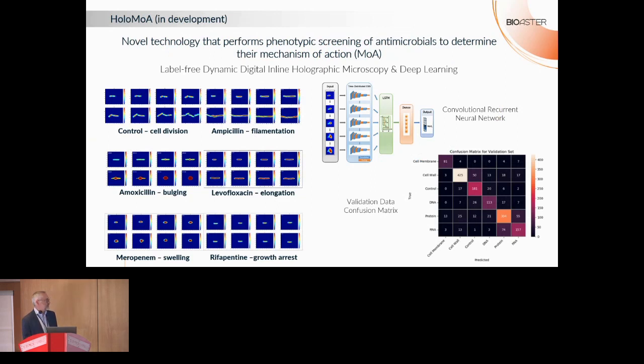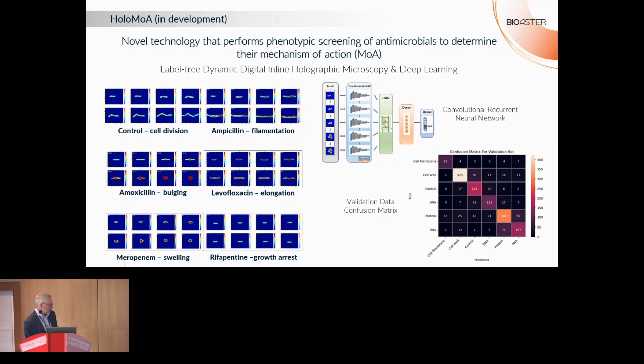Even better is this technique, holomoa. This is based on digital inline holographic microscopy in combination with machine learning. Basically you take micrographs of multiple bacterial cells exposed to different antibiotics, and you generate a computer database of the effects. You can see here that ampicillin is causing significant elongation of the cells relative to control cells.